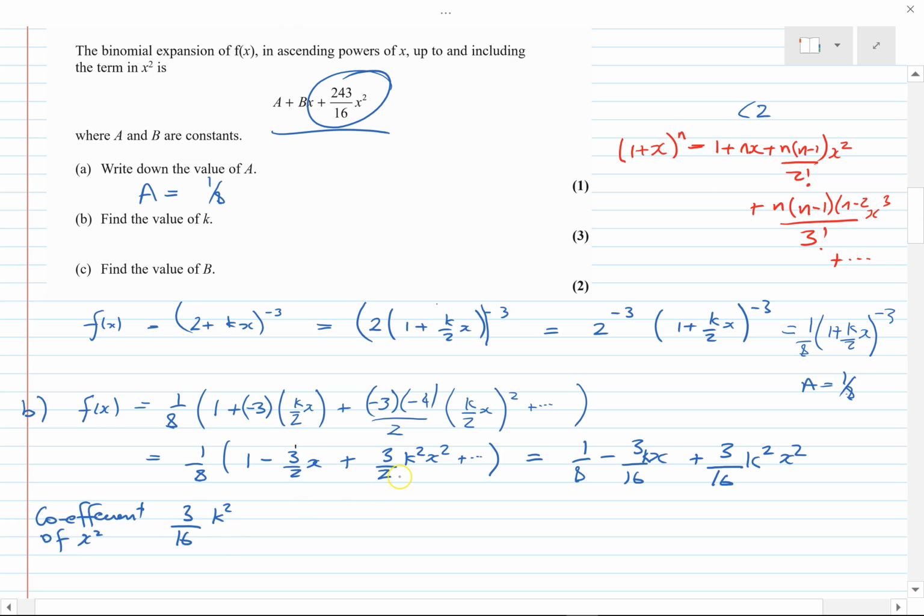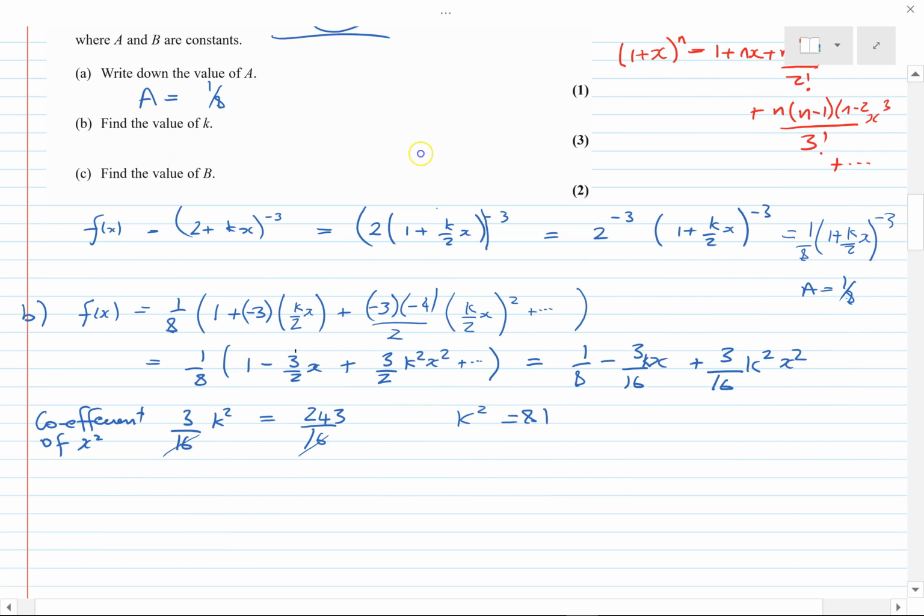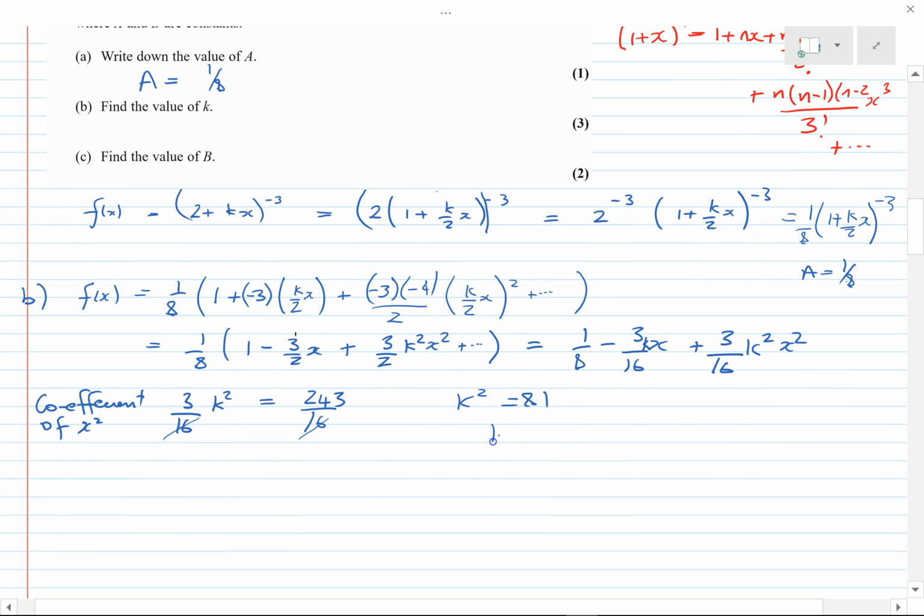So 3 over 16 k squared is equal to 243 over 16. Okay, and then the 16 cancels, so we have k squared equals 81. I think we're told that k is a positive integer at some point. Yep, where k is a positive constant. So we've got k, we know it can't be minus 9, so k equals 9.